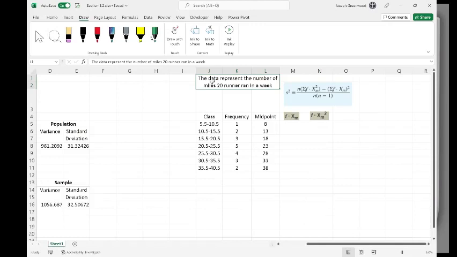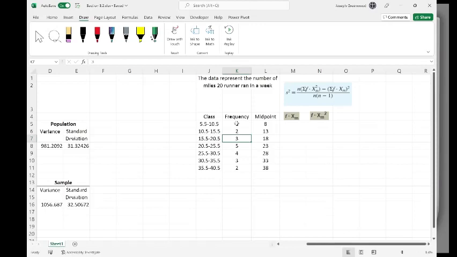What I have is a frequency distribution. I know that there was one runner that ran somewhere between 5.5 and 10.5 miles in a given week. I know that there are two runners that ran somewhere between 10.5 and 15.5 miles in a given week. I know that I have three runners that ran somewhere between 15.5 and 20.5 miles in a given week, right?